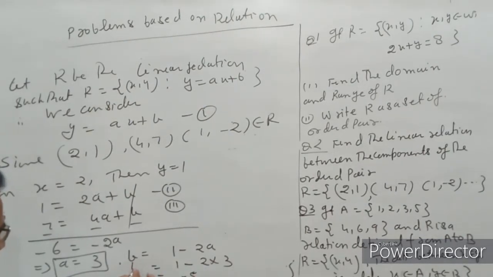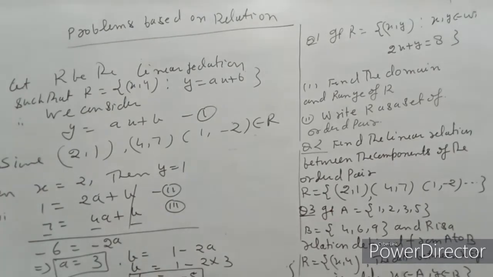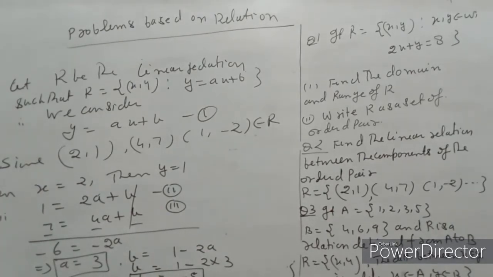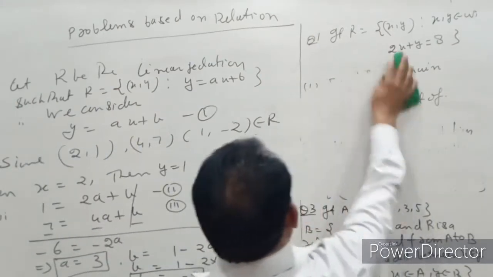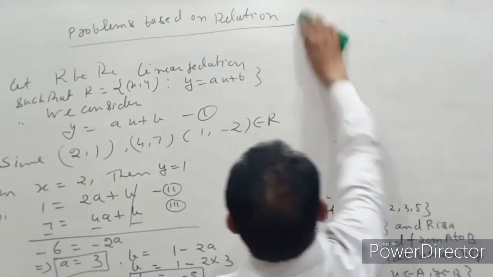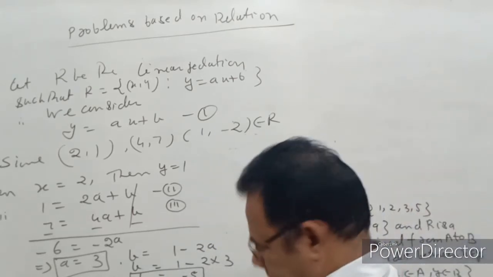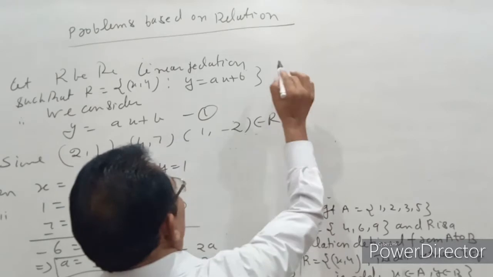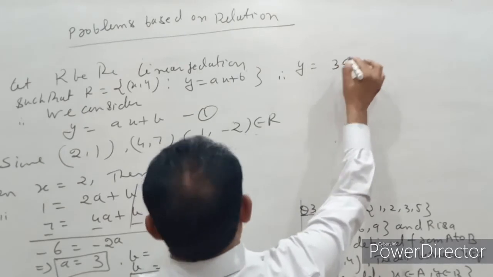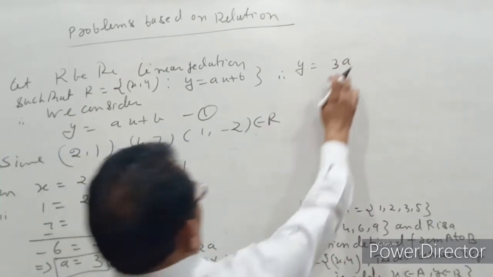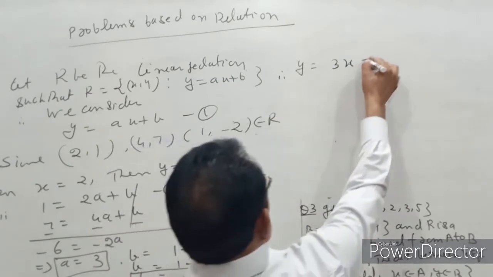So that is b is equal to -5. तो यहाँ पर हमारे पास a की वैल्यू 3 आ गई और b की वैल्यू -5. तो therefore the linear relation is y is equal to 3x minus 5.